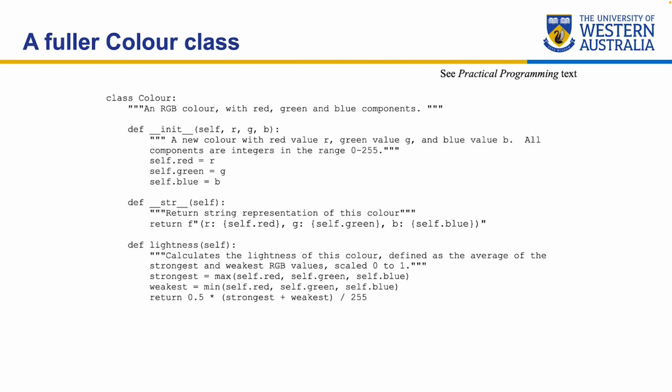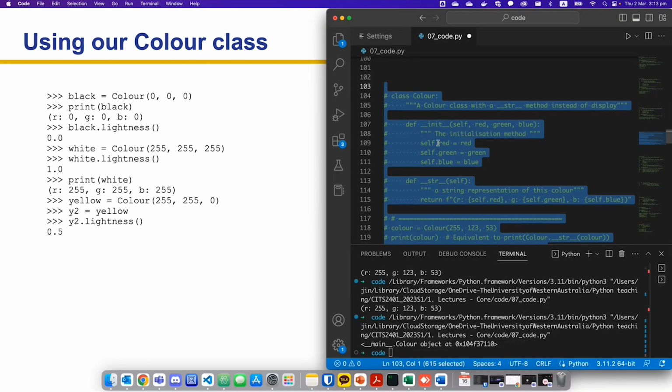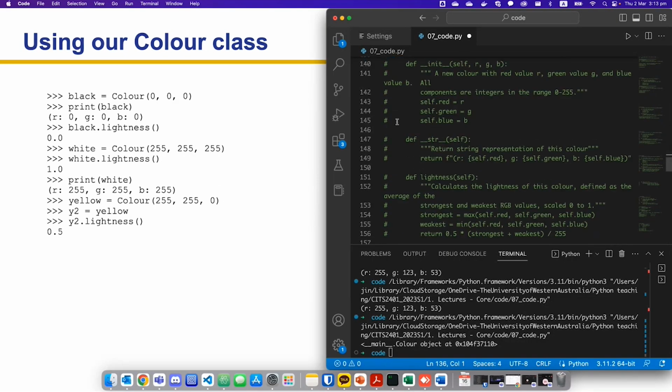Okay. And here is a completed Color class, which has exactly the same code you have seen before, plus this lightness method. You can pause the video here and quickly check out what this lightness method does. But if you're done, let's check out exactly what it does.